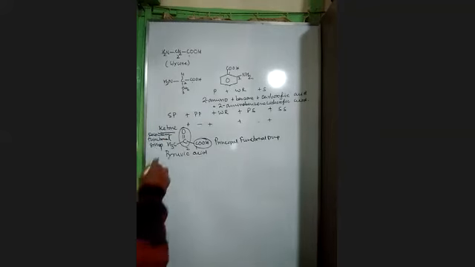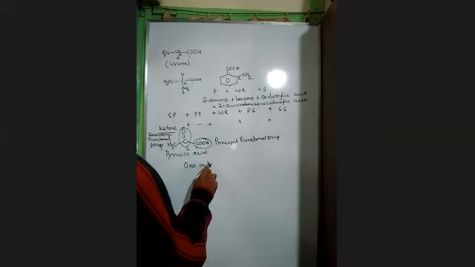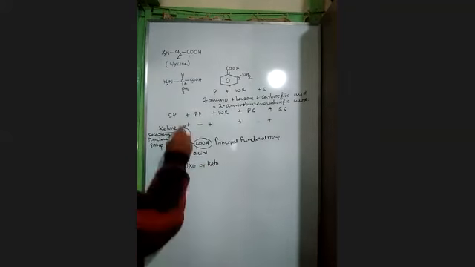So when ketone becomes secondary, what do we call it? We call it either oxo or keto.